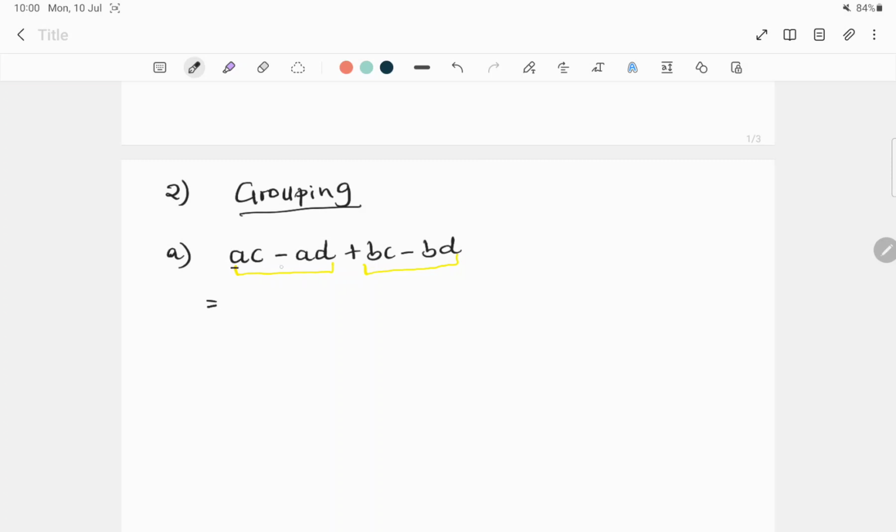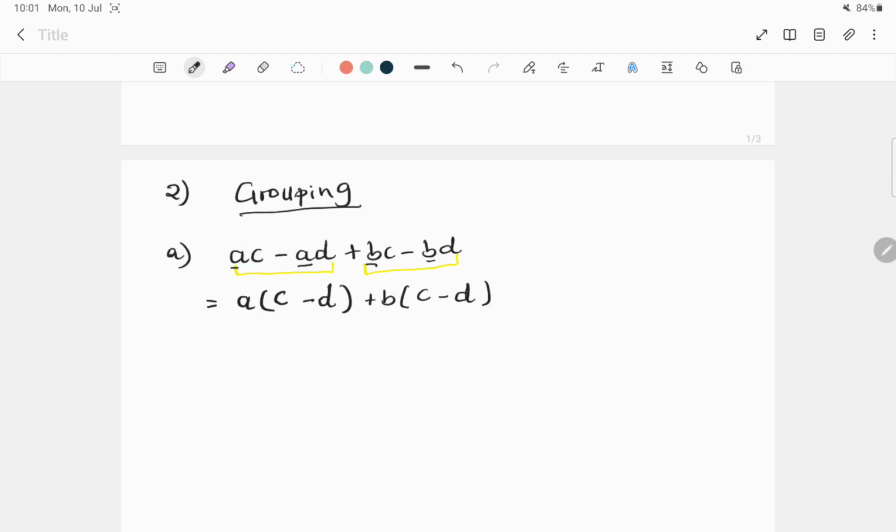I can see I have an A, so A is your common factor. Then what is remaining in the bracket is C minus D. Then also here, what is common is a B, then it's plus B. Then what is remaining? C minus D.